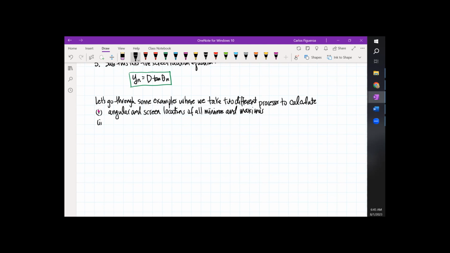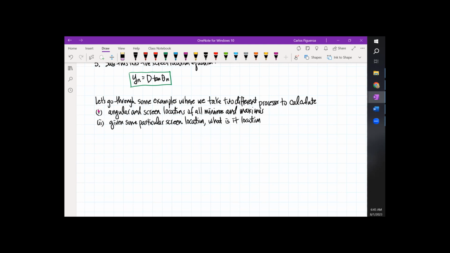And then we're going to take a slight change here and we're going to say you're now given some particular screen location. What is its location in the diffraction pattern? Now, let me be careful.